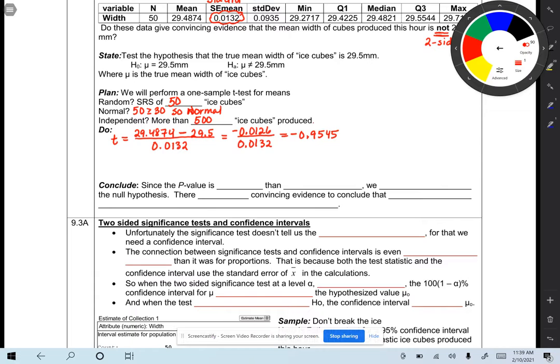So you're going to have to do a 2 tcdf. So type in 2 on your calculator screen before you even go to second vars. And that takes care of that. Or just do tcdf and multiply by 2.